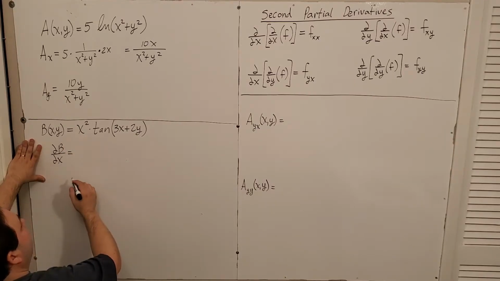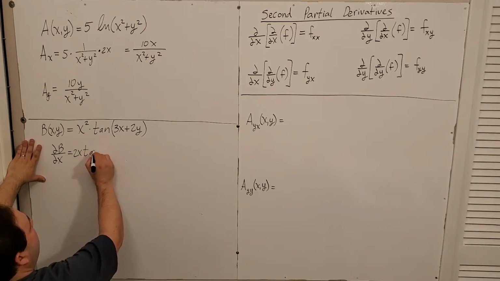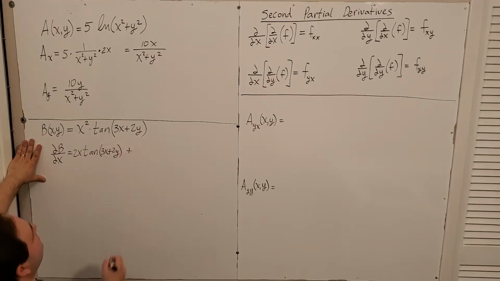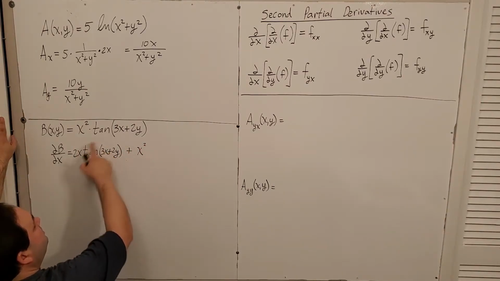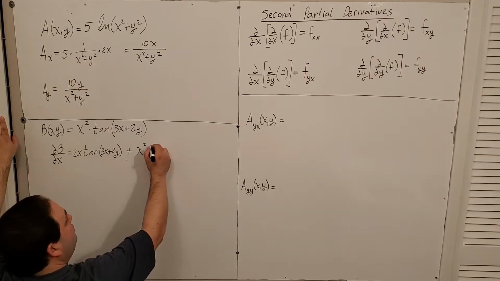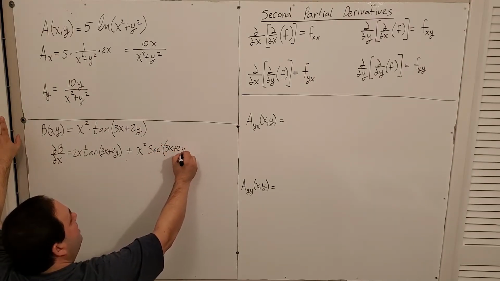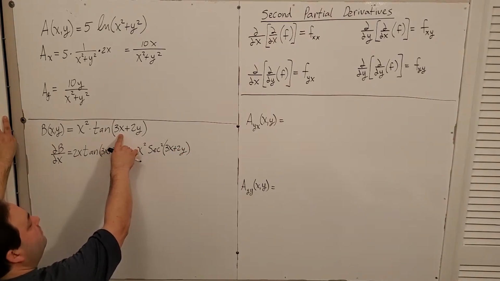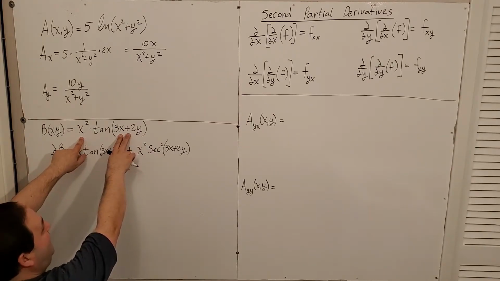I'm going to take the derivative of the x squared first. That's going to give me 2x. And I'm going to leave the tangent alone. Plus, I leave the x squared alone times the derivative of tangent, which is secant squared of, and notice I'm leaving the inside alone, there's a chain rule there, times the derivative of the inside, which is just the derivative with respect to x.